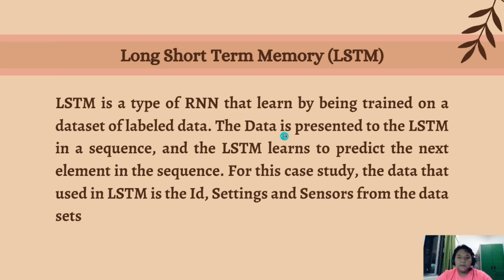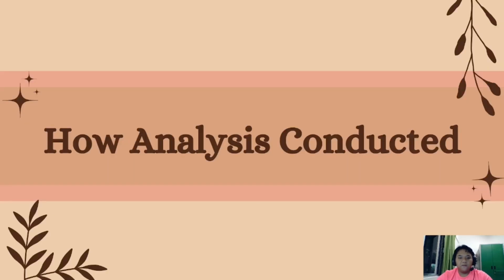The data is presented to the LSTM in a sequence, and the LSTM learns to predict the next element in the sequence. For this case study, the data used in the LSTM is the ID, setting information, and lastly the sensor information from the dataset. For the implementation on the dataset, I will hand over the presentation to Hakimuddin.